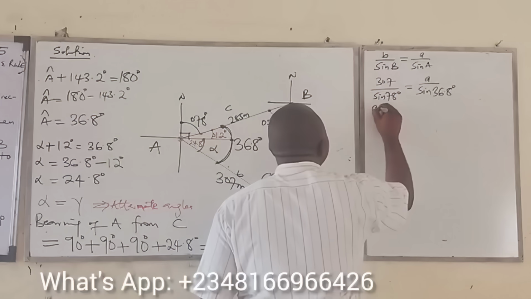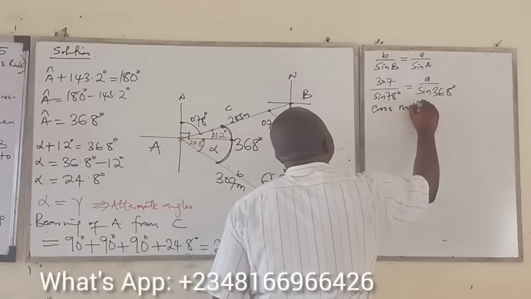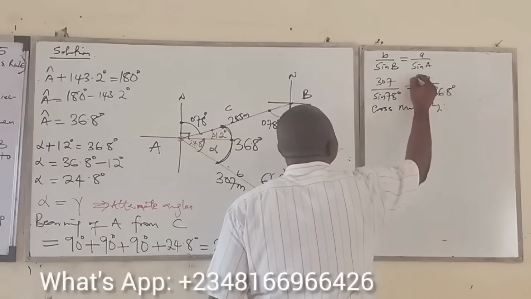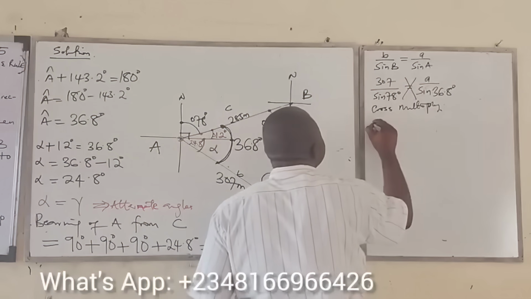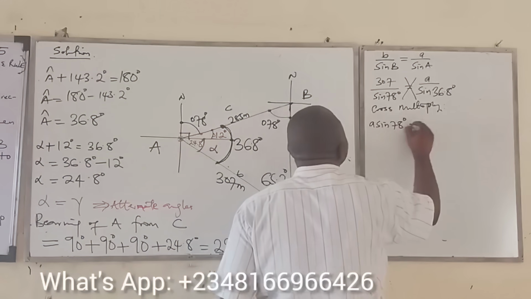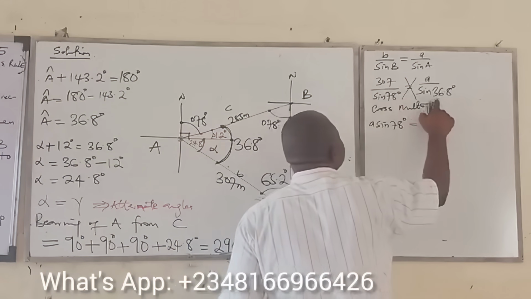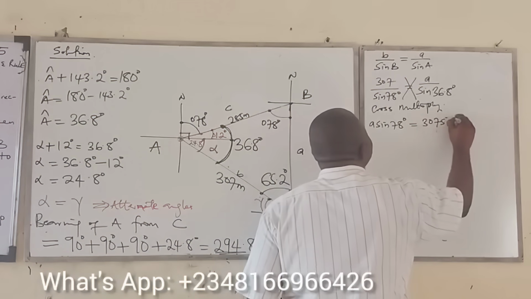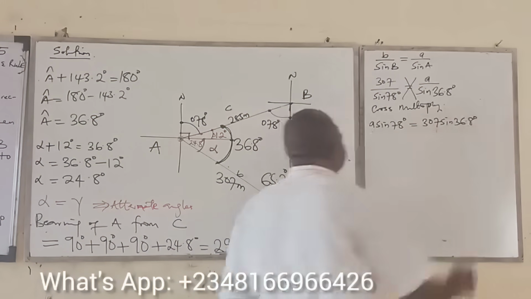So when you cross multiply, we have a sine 78 degrees is equal to 307 times sine 36.8 degrees.